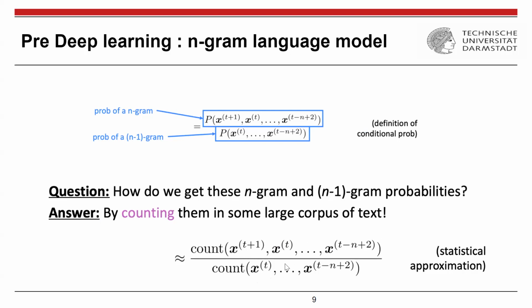So this is the n sequence, and this is the n-1 sequence. This is the way of computing this probability. That is what the language model needs to compute the next word, or the probability of the next word in your sequence.